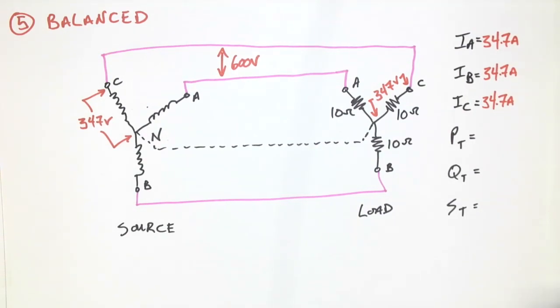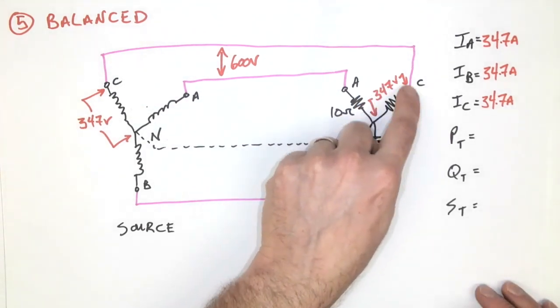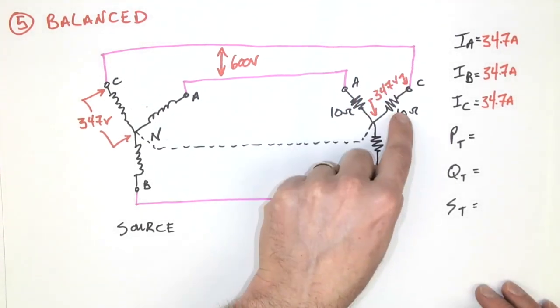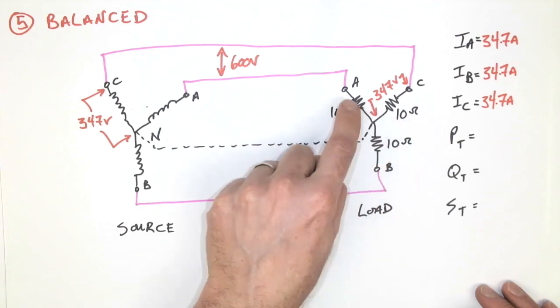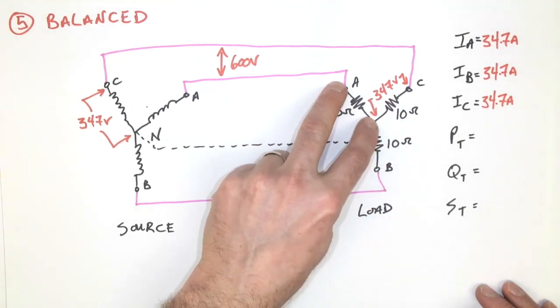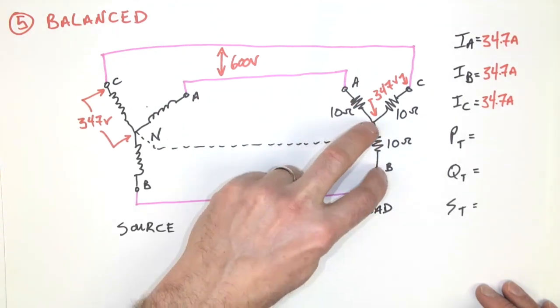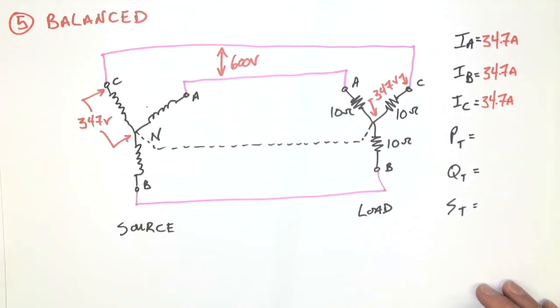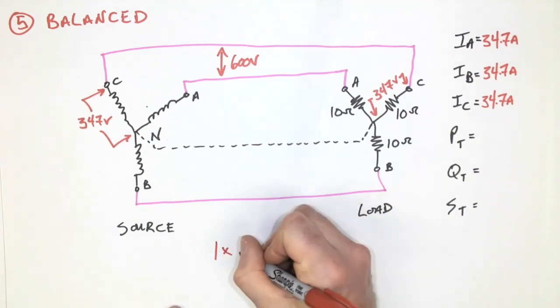I also know that if I take the calculated value for one resistor, how much power it generates, then I could really just multiply it by 3. 1, 2, 3, because obviously the voltage, ohms and current will be identical for this one, and that one. So let's calculate the power of one resistor.